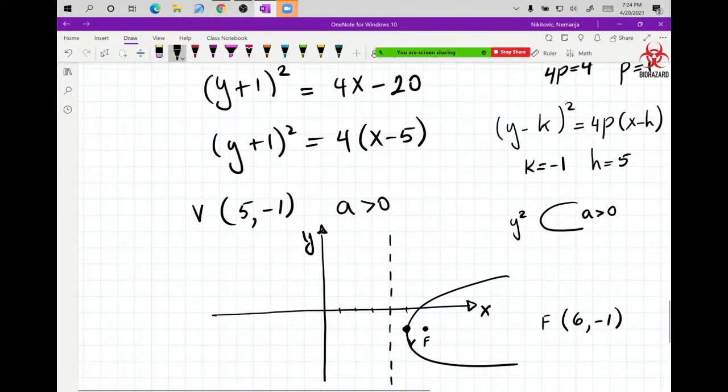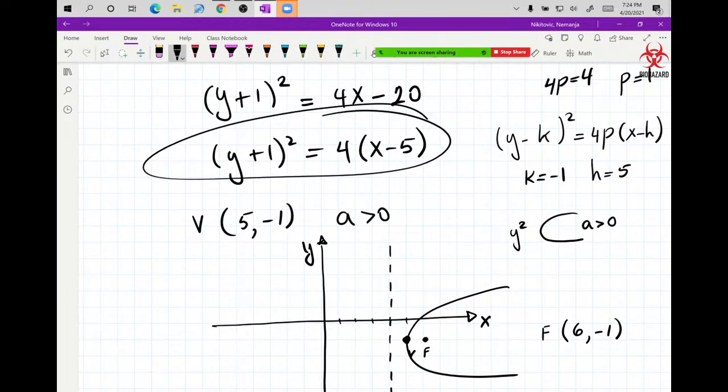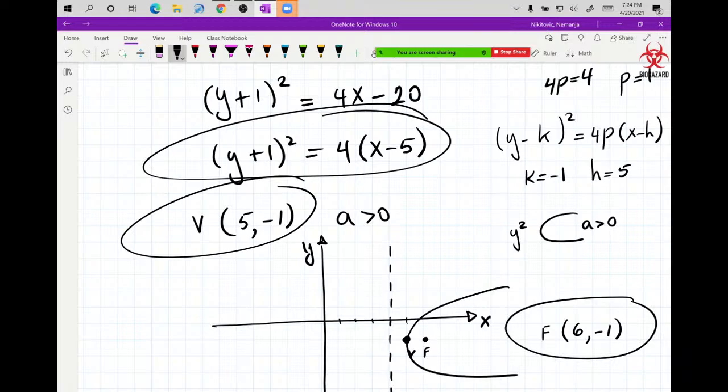We found everything. We have found the standard form. We have found the vertex. We have found the focal point, and we have the graph. P-value is not important. You don't circle or present p. p is just the number that helps you figure. Oh, I forgot to write the equation for the directrix.